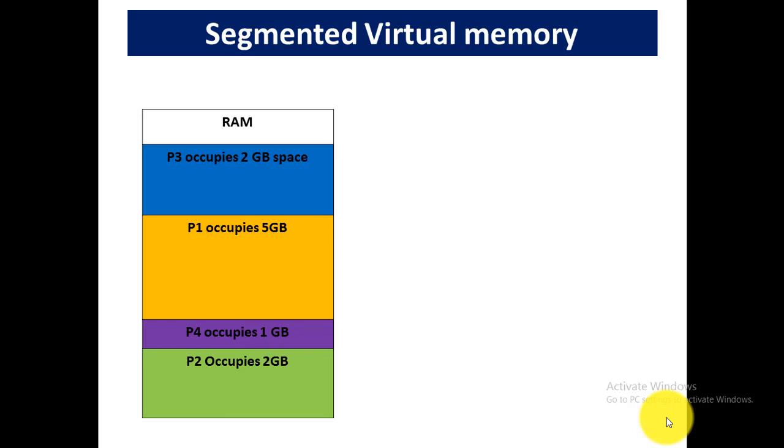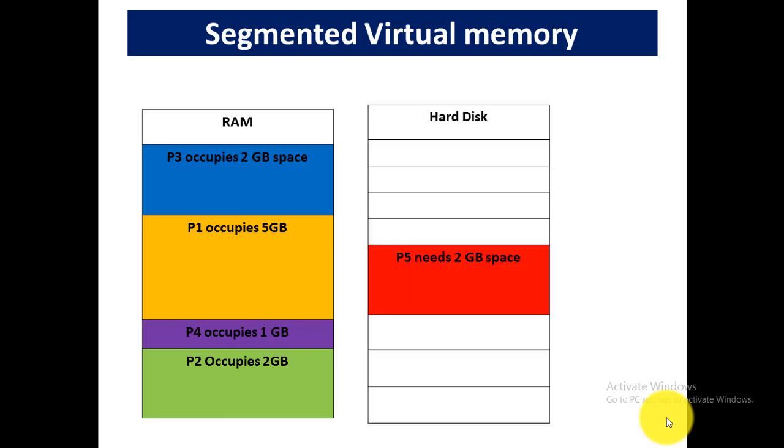There is no uniformity between the processes. The operating system only knows the starting point of the segment and the size of the segment. This is the hard disk. Suppose there is another segment, P5, that needs 2 GB of space. Then it needs RAM to execute. Now what will happen?